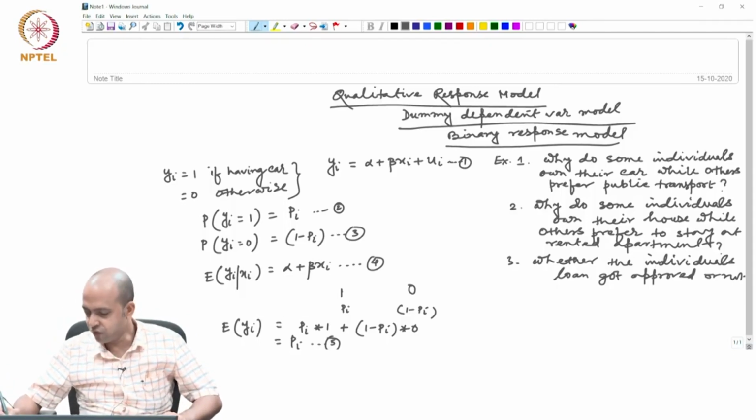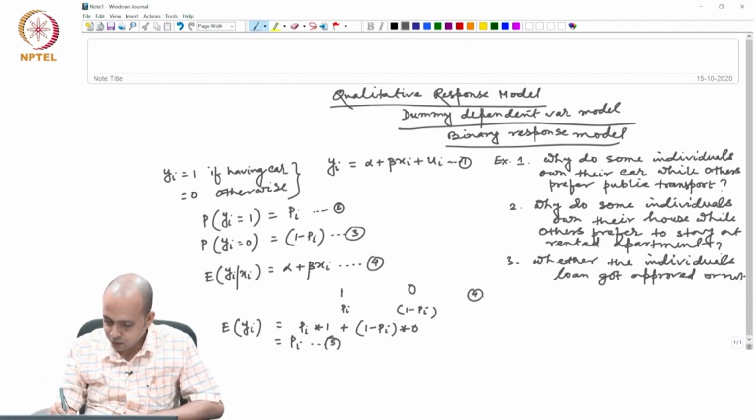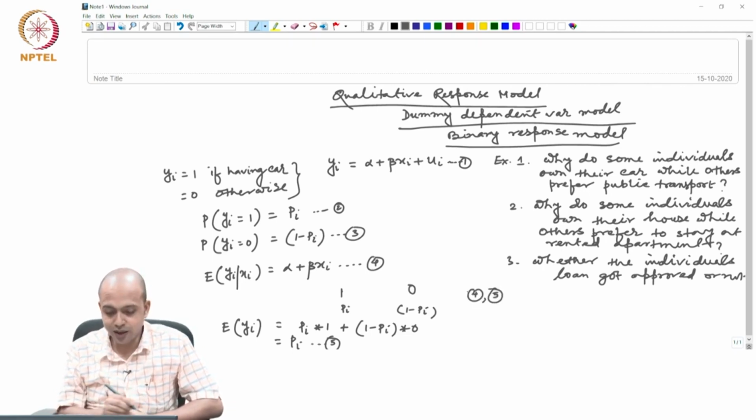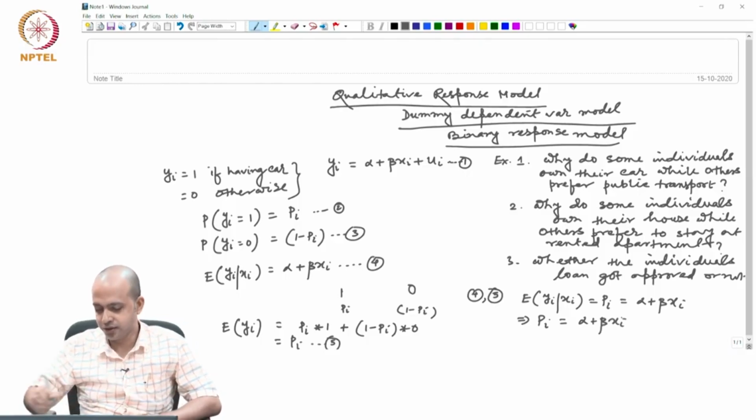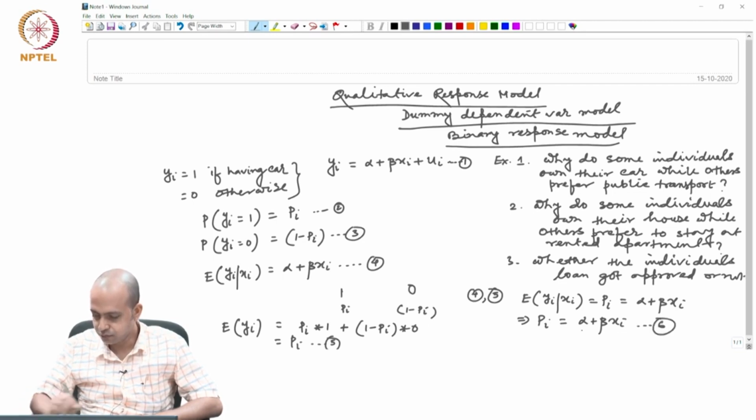Now, combining 4 and 5, expectation of yi given xi equals pi, and that again equals alpha plus beta xi. So this implies pi equals alpha plus beta xi. Let us say this is equation 6.